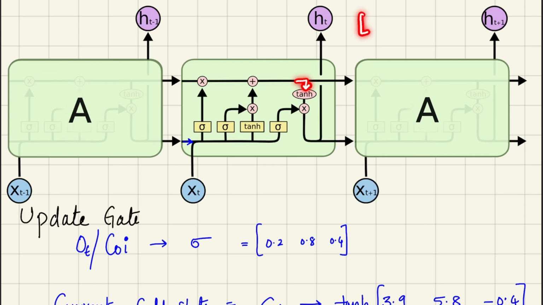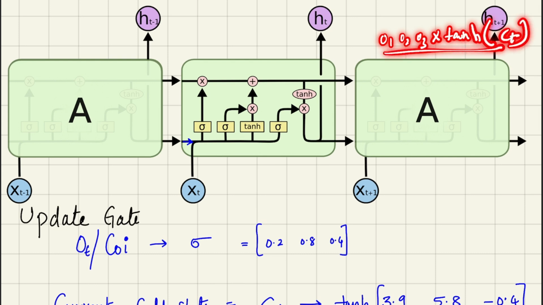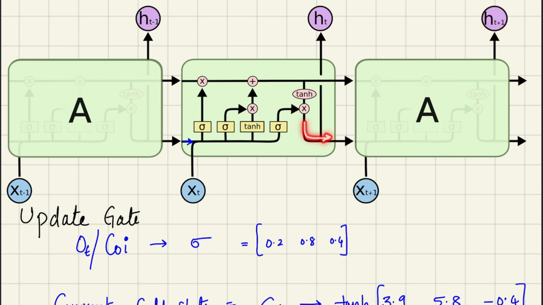It means, let's say CT is a vector having 1, 2, 3, then tanh is applied on 1, 2 and 3, and that vector is present here. That vector is multiplied with the output of the concatenated vector sent into a sigmoid fully connected layer, where we get O1, O2 and O3. That is multiplied with tanh of CT, and that will become the new hidden state. Done.